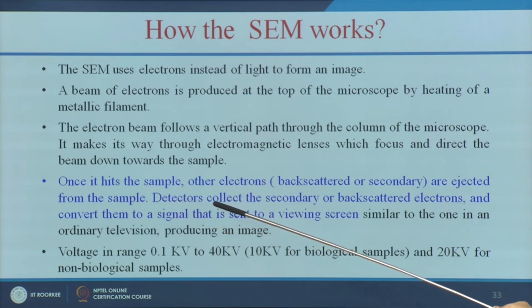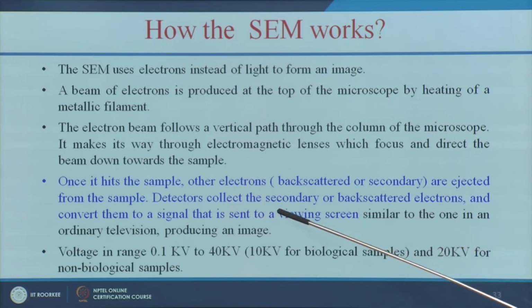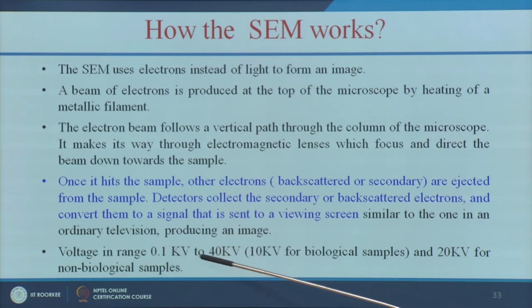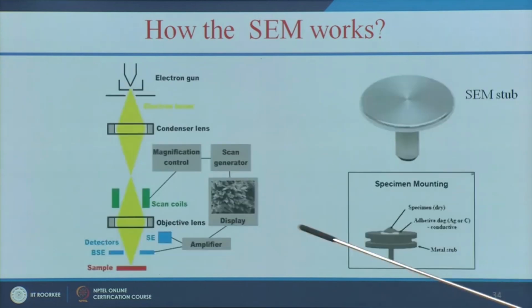The detector will collect the secondary electrons or backscattered electrons and convert them into a signal that is sent to a viewing screen, and it will produce the image. This is similar to how your ordinary television produces an image. And here the voltage can be in the range of 0.1 kV to 40 kV. For a biological sample, 10 kV is recommended, and for a non-biological sample we can go even to 20 kV.